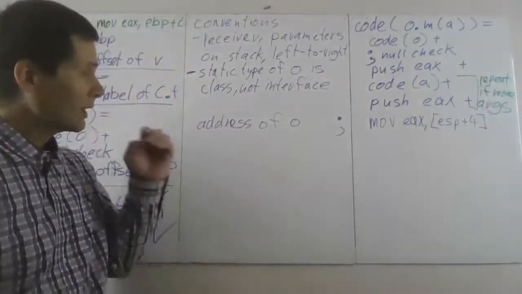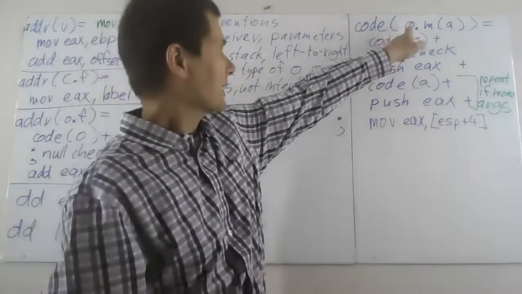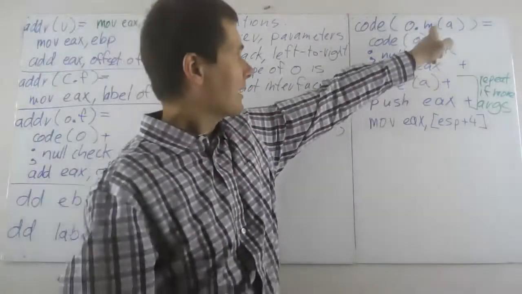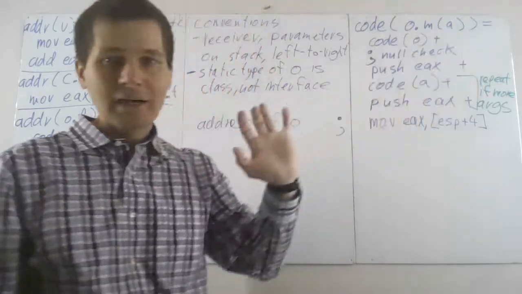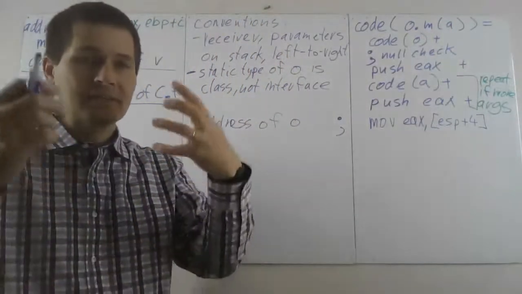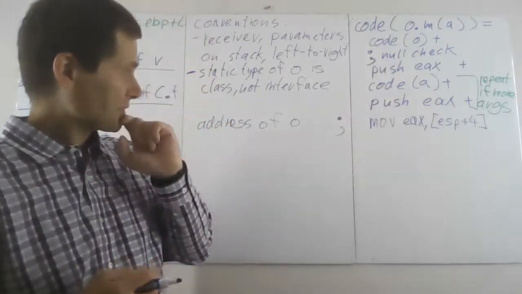If the static type of O is a class, then I can find that method M at a constant offset in the class table for that object O, right?